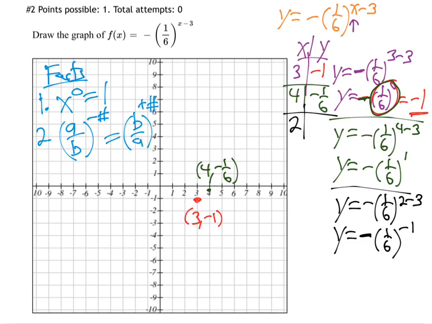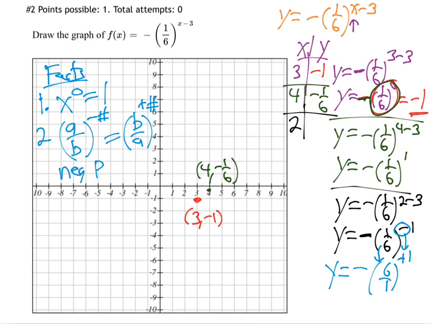It flips the fraction and then becomes positive. Negative powers flip a fraction. So this minus will stay in the front, this fraction will flip upside down, and then the power will become positive. See what happened there? The negative part of the power doesn't make the number in front negative, it flips the fraction.